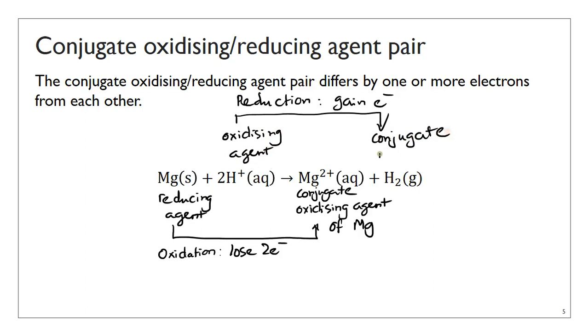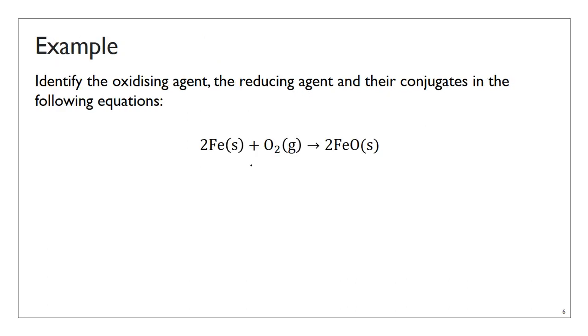So it behaves in a very similar manner to an acid-base and conjugate acid-base pair of H+. Okay, so that's the conjugate oxidizing-reducing agent pair. A reducing agent is going to produce its conjugate oxidizing agent, and an oxidizing agent is going to produce its conjugate reducing agent.